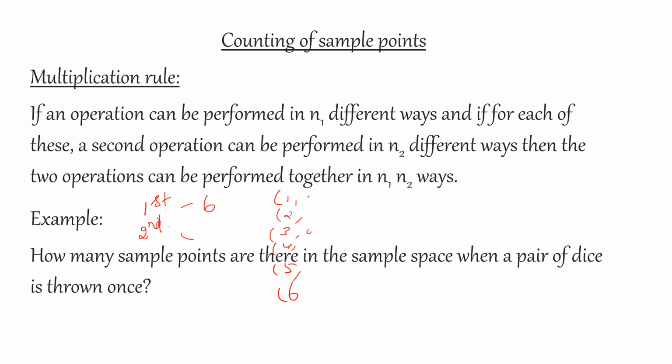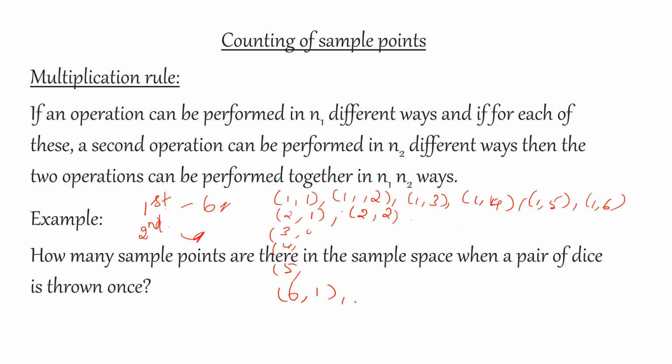In the first one, if the first is 1, then from the second die you can have 1,1; 2,1; 3,1; 4,1; 5,1 and 6,1. That is, for 1 we get all the 6. Similarly, for 2 also we will get all the 6 and so on.